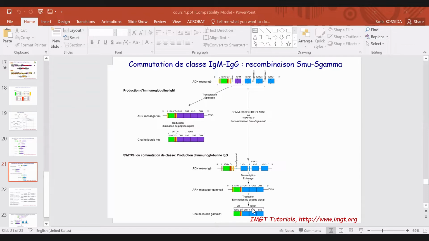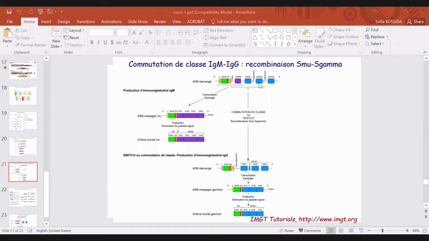Is this slide clear? This slide shows us precisely how, on the molecular level, we can go from one heavy chain to a different heavy chain. How we can go from the M or mu heavy chain to a G heavy chain. And I repeat, there's this signal, S mu, S gamma 3, S gamma 1. Of course, if there is a recombination between S mu and S gamma 3, then we'll have the IgG3 isotype.